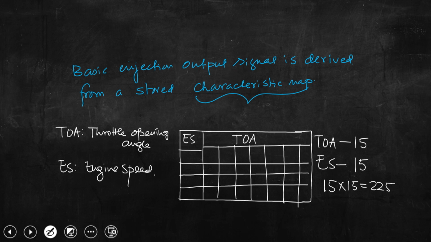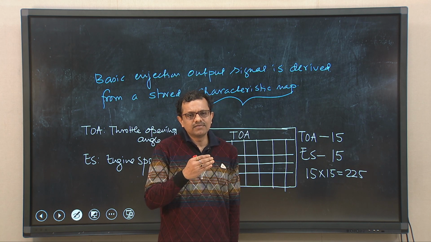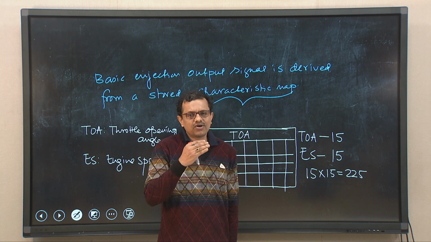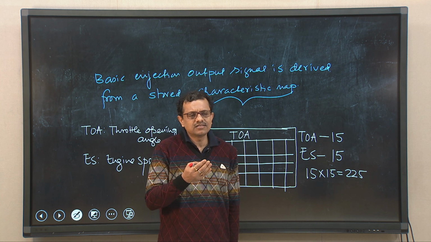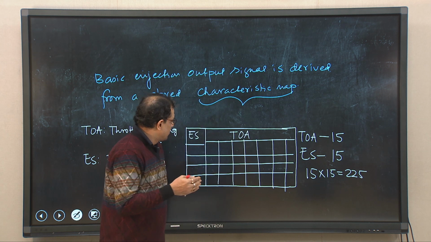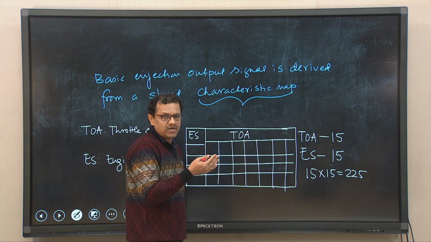This table is prepared based on these 225 data points, for a given throttle opening angle and a given speed. It is prepared based on the output from extensive engine trials, and these extensive engine trials are conducted at a stoichiometric air fuel ratio.